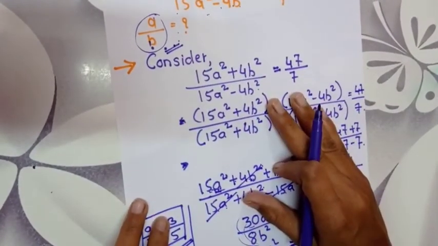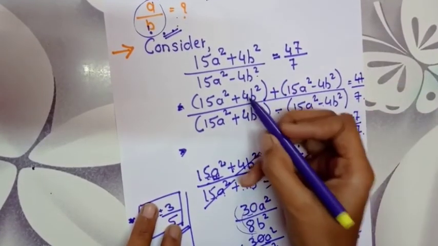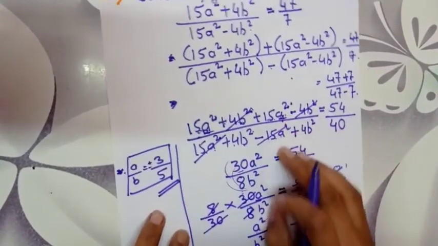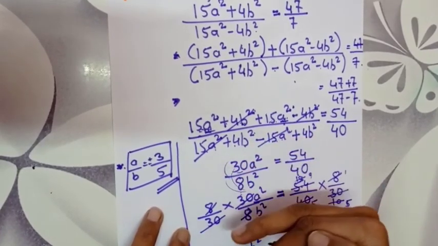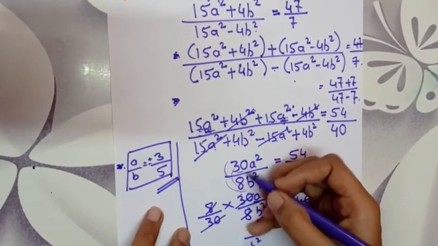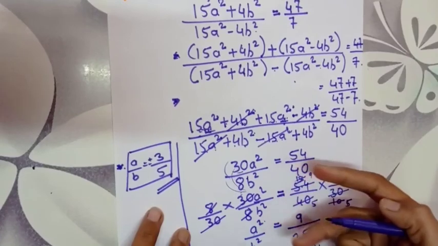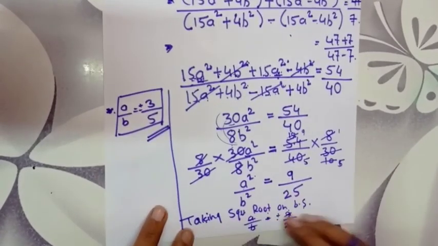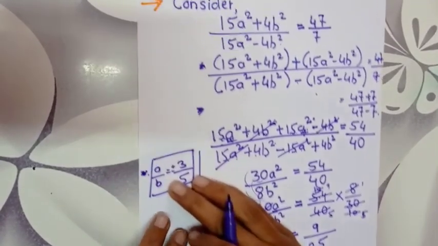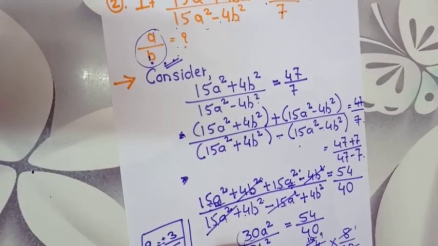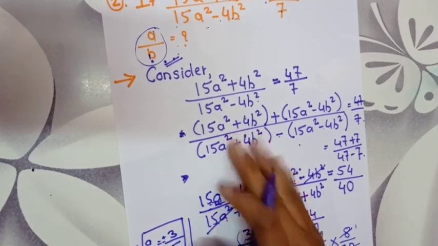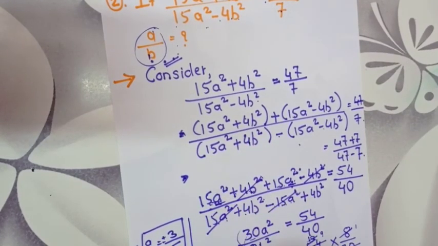First of all we have to do componendo dividendo, then take the reciprocal of the numerator and denominator, and then take the square root on both sides to get the value of a by b. In this way we have solved the two problems of ratio and proportion.